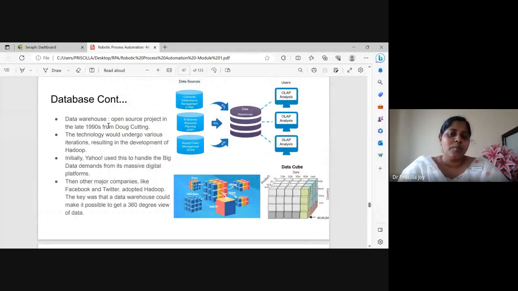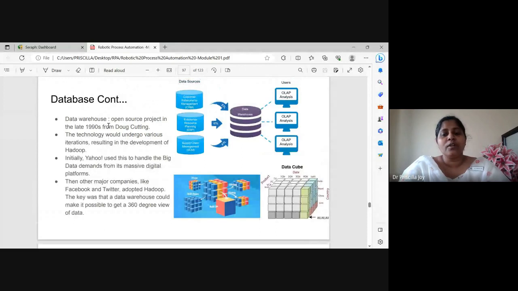All such things we maintain as a database. As we saw in the diagram, it is stored in a data cube, where we need to know the pivot element, and how slicing as well as dicing is carried out. We need to know all such things.